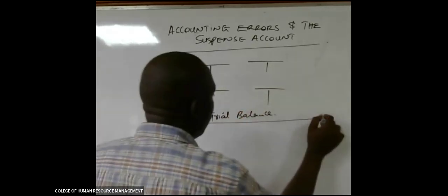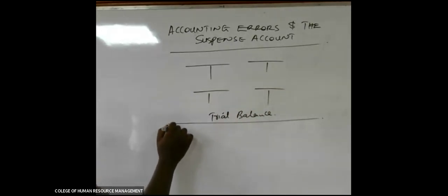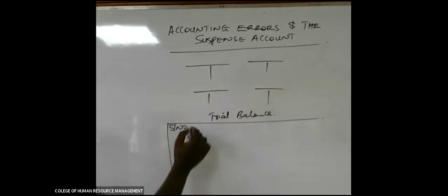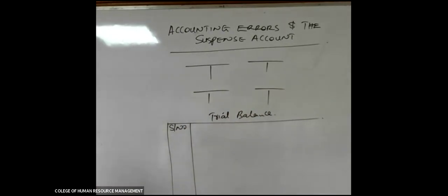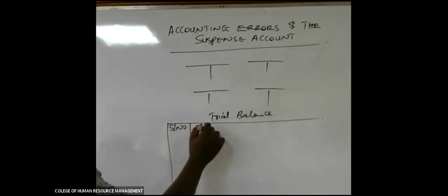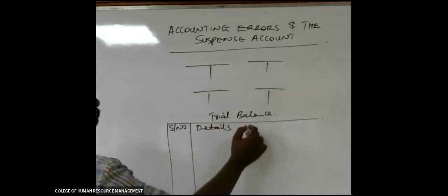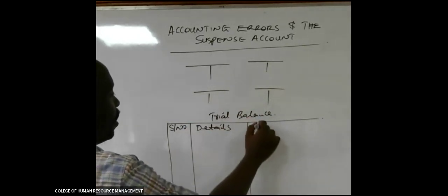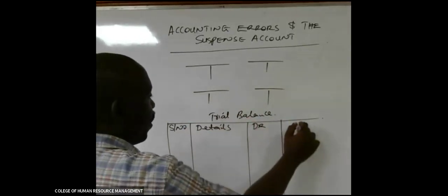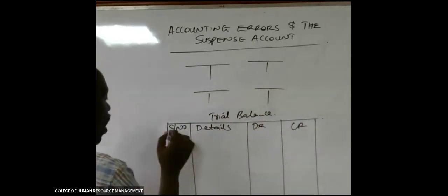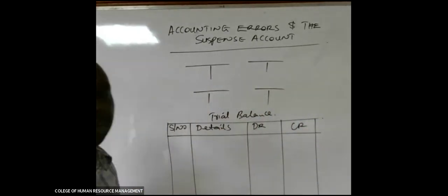And the trial balance has the serial number, the details, which are the accounts that will be affected, the debit and the credit. That is how our trial balance looks.